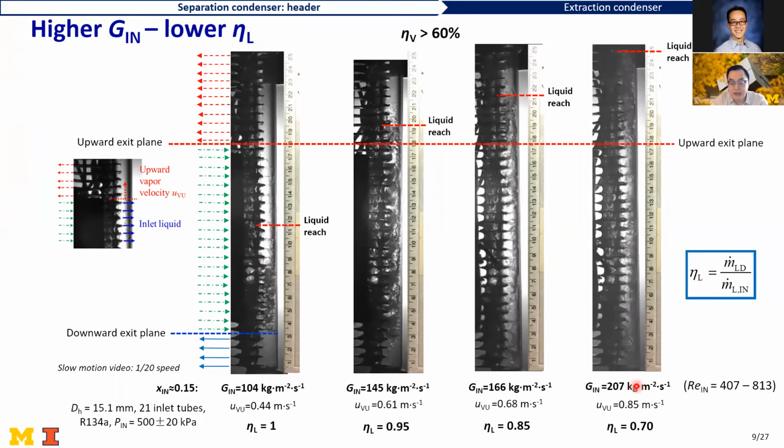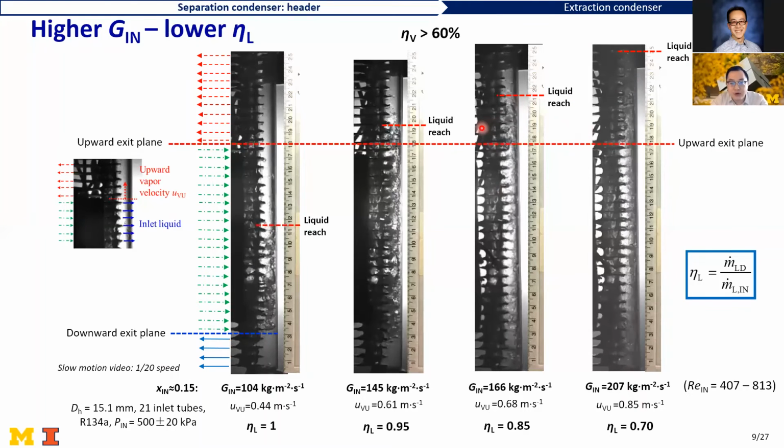Those vapors will change direction when they hit the wall, and more vapor will move upward with a higher inlet mass flux. And this higher upward vapor mass flow rate will be able to entrain more liquid upward.